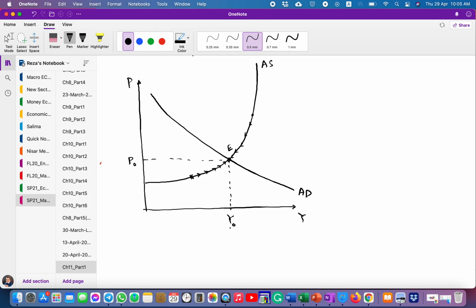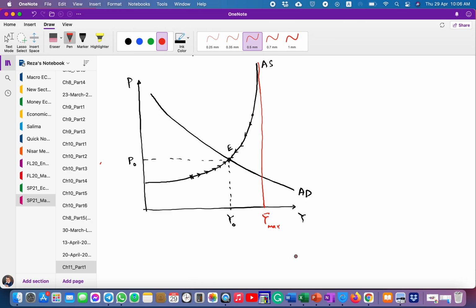But is it going to be the ideal position? I said that the maximum level of output is this. So the book is showing it with this. This is when we are hiring the entire labor force.